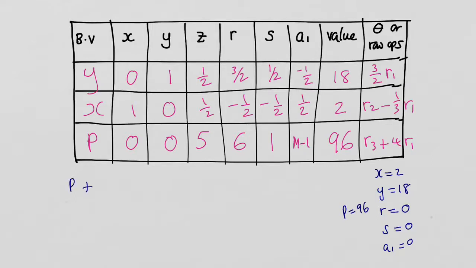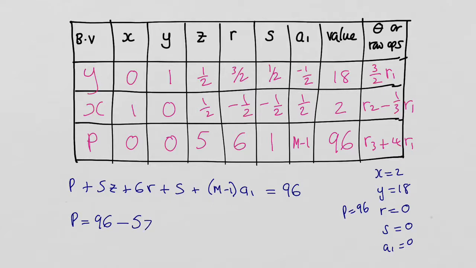So P plus 5Z plus 6R plus S plus M minus 1 lots of A1 equals 96. And if you wanted to have this rearranged, you could write it as 96 minus your 5Z minus your 6R minus your S.